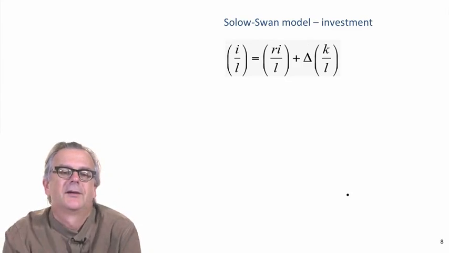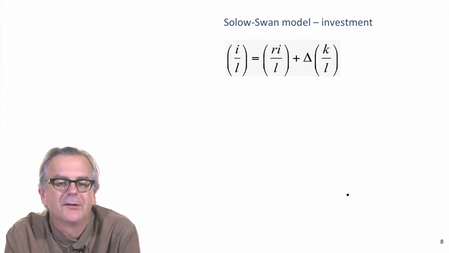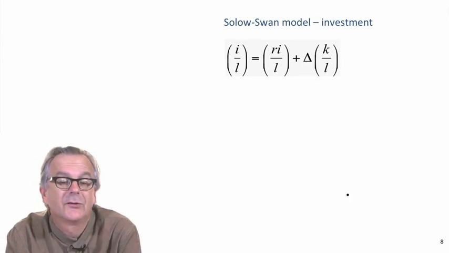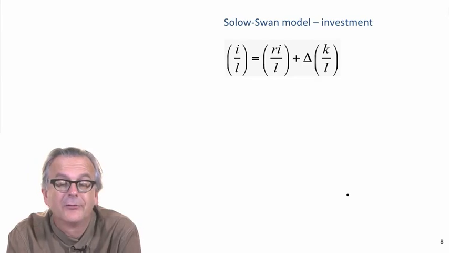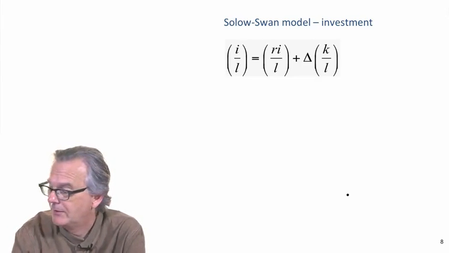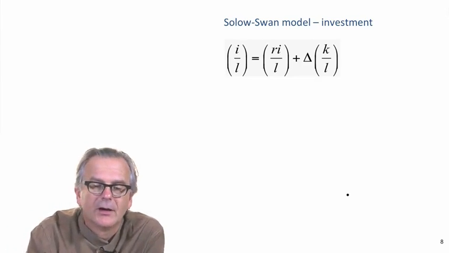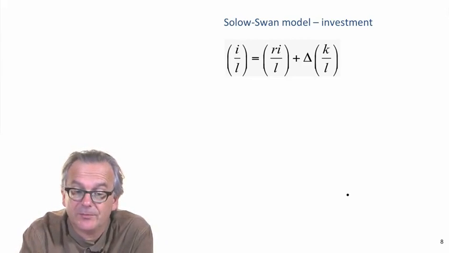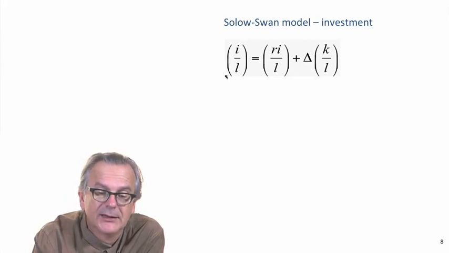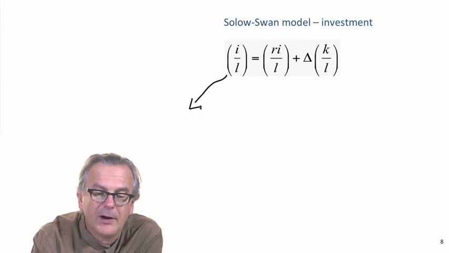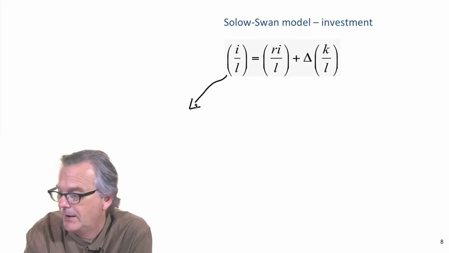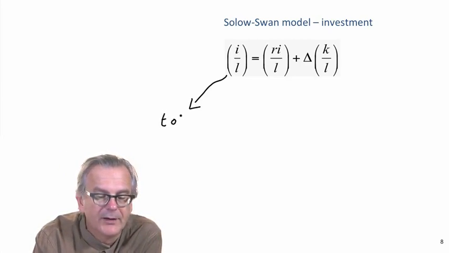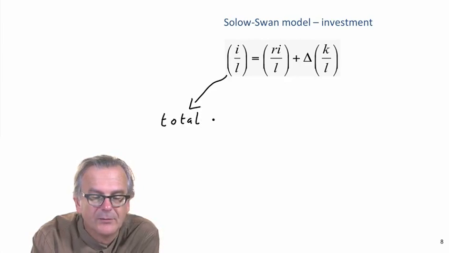So I'm going to write the following expression. Now again, this is just mathematical notation. This is just shorthand. It's just a convenient way of recording the discussion from the previous slide. Now everything from here on is in per capita terms. So on the left-hand side, when I write I divided by L, what I'm recording on the left-hand side is total investment.